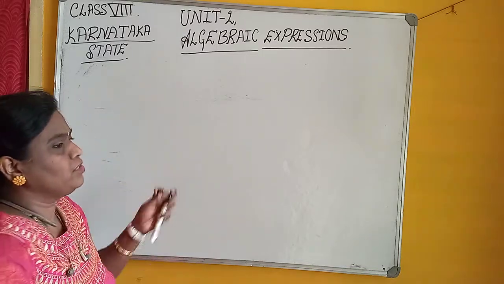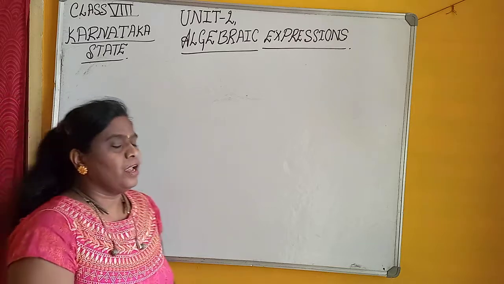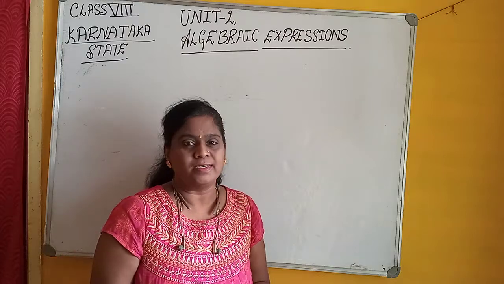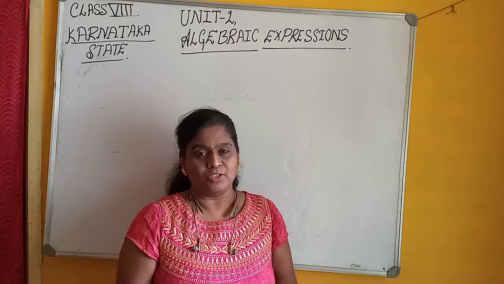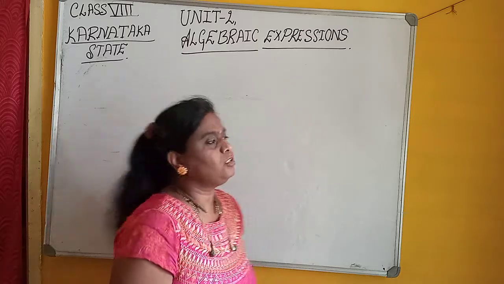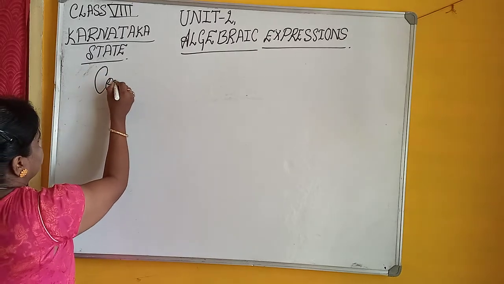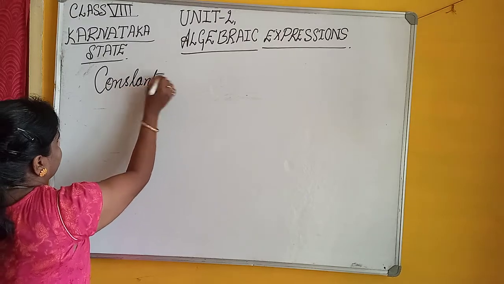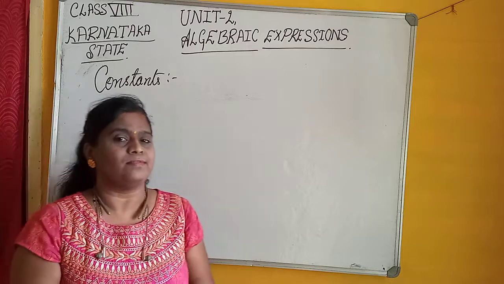Those are definitions of some terms. An algebraic expression mainly consists of some symbols like constants, variables, algebraic terms, algebraic expressions, and polynomials. Let us know what constants are. Constants are fixed values.